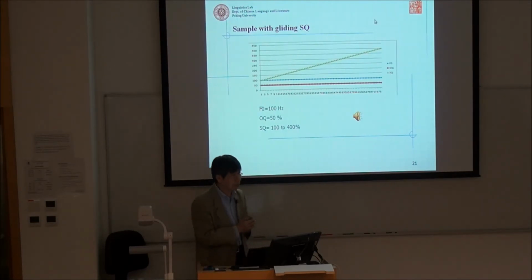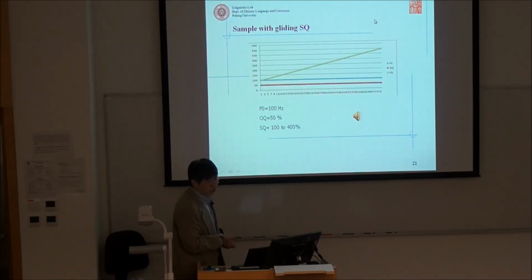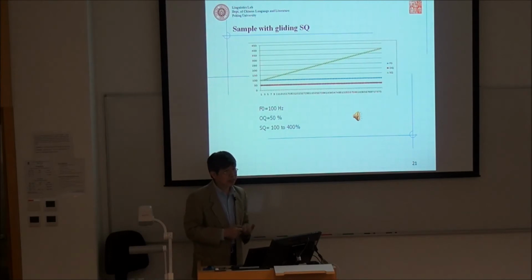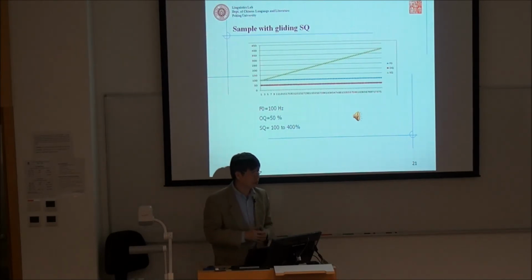Now here, I show you another example. With this model, we can study the perception of the speech sound. We can also study the perception of tones. By this physiological model, we can synthesize quite different samples.